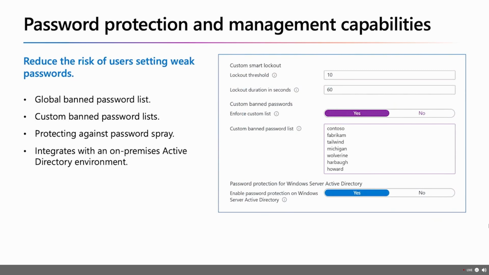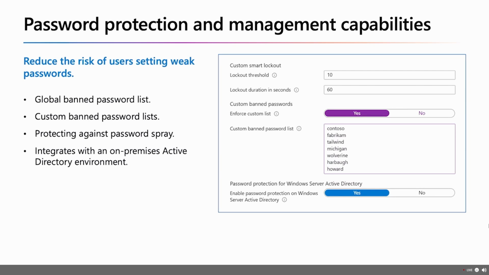Password protection. Password protection is a feature of Microsoft Entra ID that reduces the risk of users setting weak passwords. Microsoft Entra Password Protection detects and blocks known weak passwords and their variants, and can also block other weak terms that are specific to your organization. Default global banned password lists with known weak passwords and their variations are automatically applied to all users in a Microsoft Entra ID tenant.